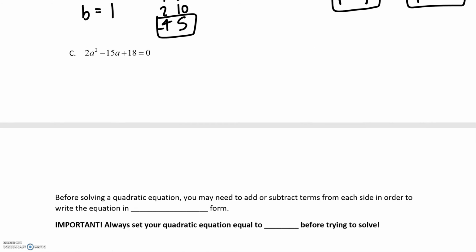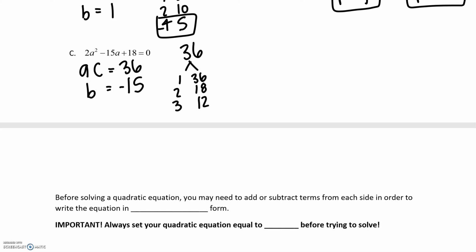This last one, we have to use the AC method, so our a times c equals 36 and our b equals negative 15. So if we have 36, we go through all of them, we have 1 and 36, 2 and 18, 3 and 12.